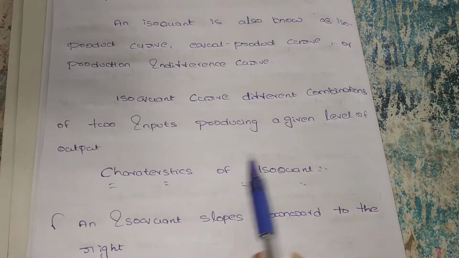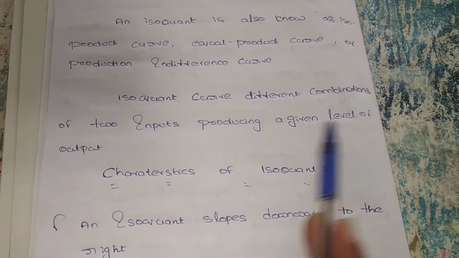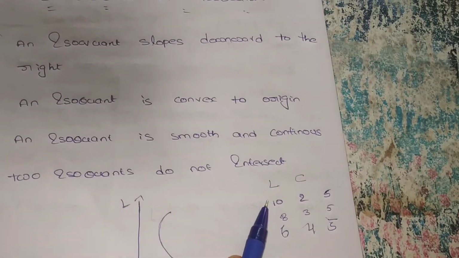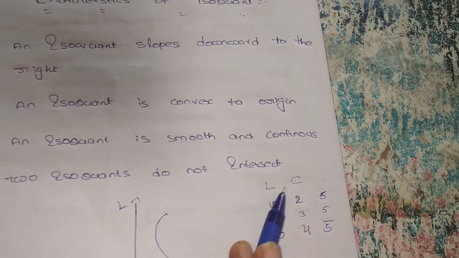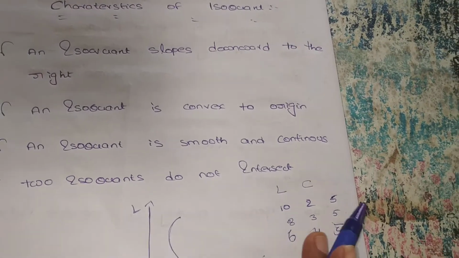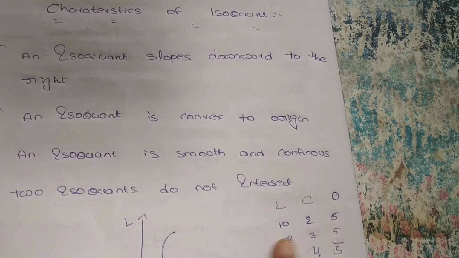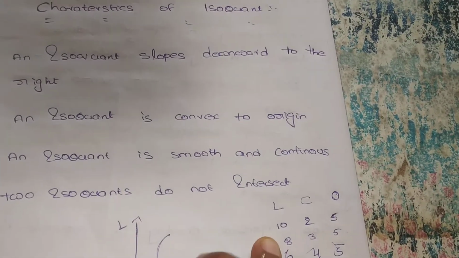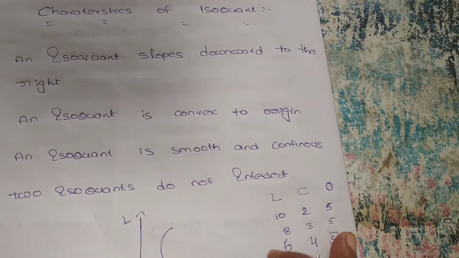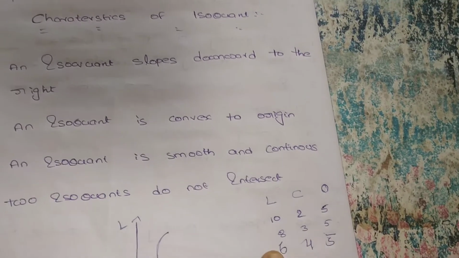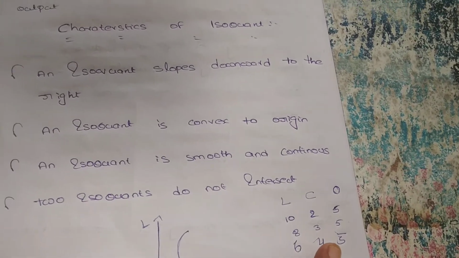Isoquant curve: different combinations of two inputs producing a given level of output. Already we saw here, first I am taking 10 units of labor and capital is 2, and I am getting the output is 5. Next I am taking a different combination of 8 and 3, and ultimately I am getting 5 units of output, and with the inputs 6 and 4 I am getting 5 units of output.